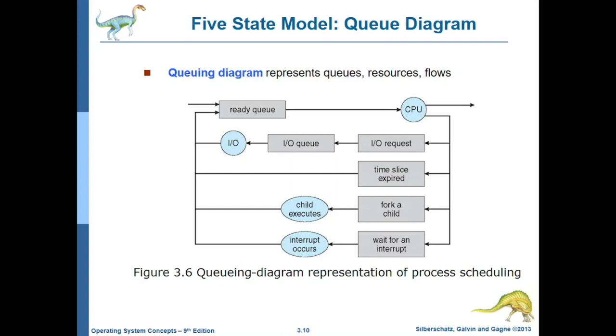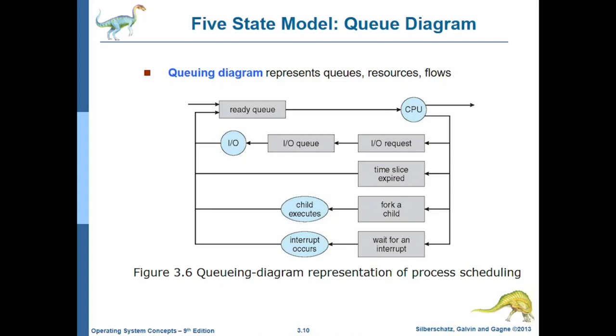A process can move from the CPU to the ready queue when its time slice expires. A time slice is a fixed amount of time that a process can run on the CPU before it has to give up its turn. This ensures that no process can monopolize the CPU for too long.